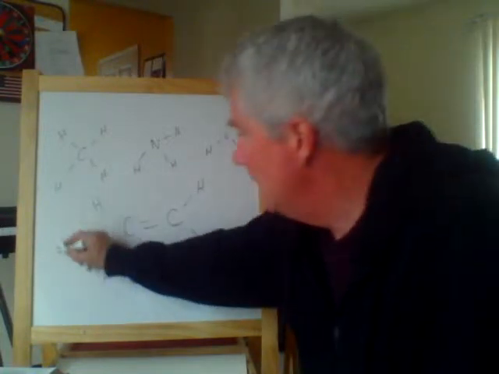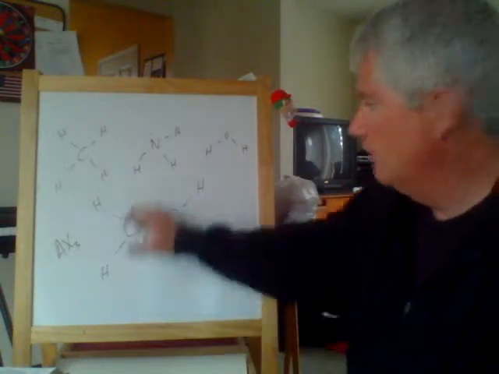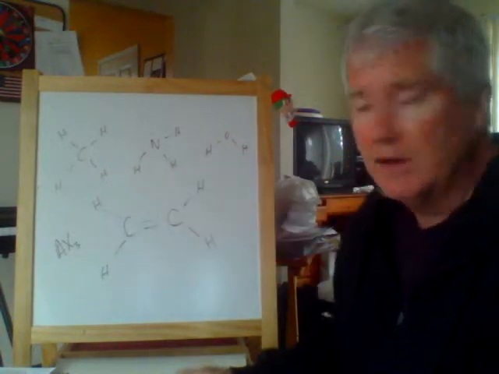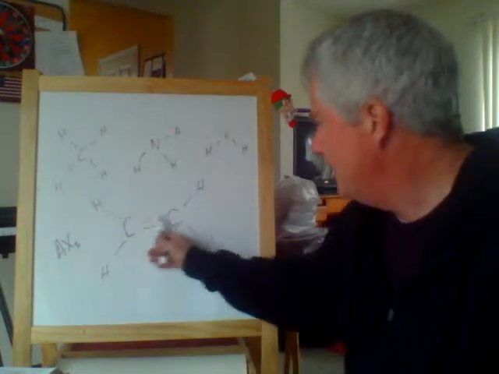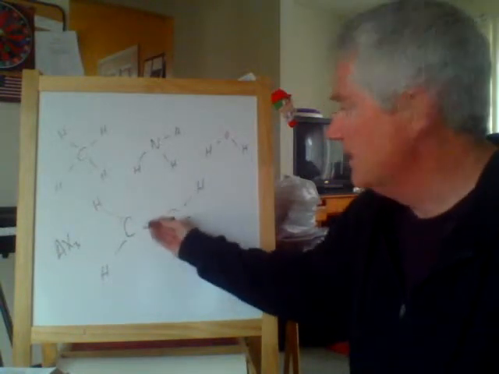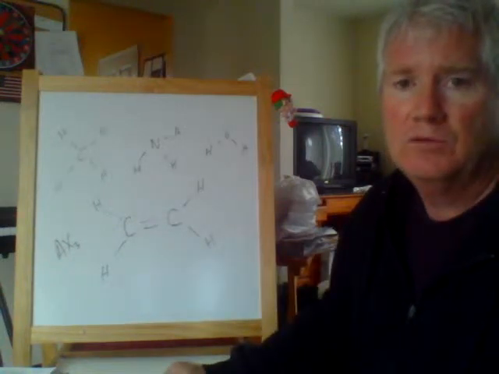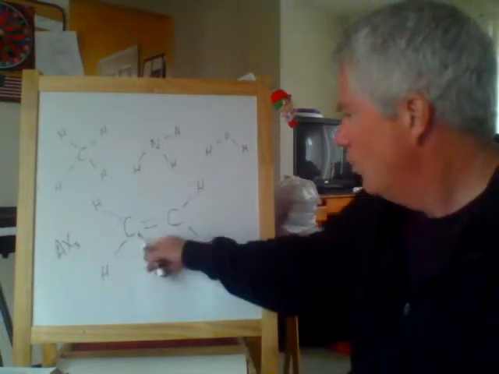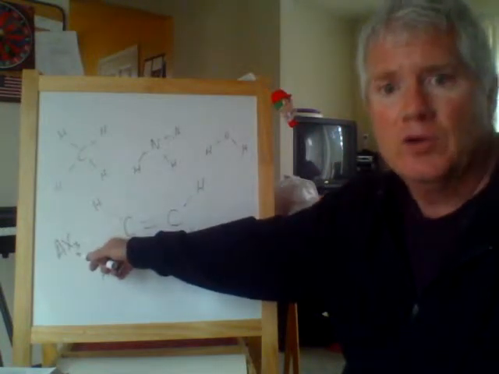It's basically an AX3. It doesn't have a lone pair, so you don't put an E on there. I'm not sure I emphasized this much, but the fact that it's double bonded to C doesn't really matter. That bond to C just counts as one of the 3 atoms bonded to carbon. So the shape with respect to this carbon is AX3, which is trigonal planar.